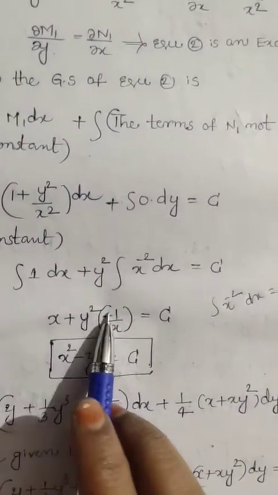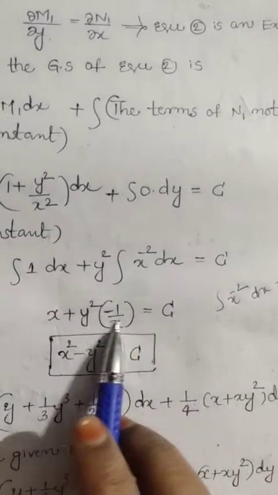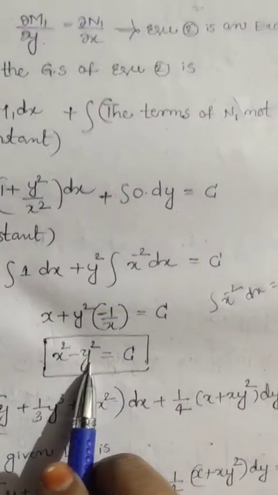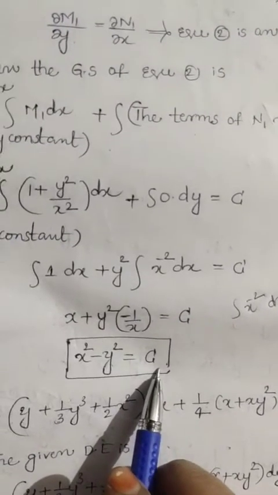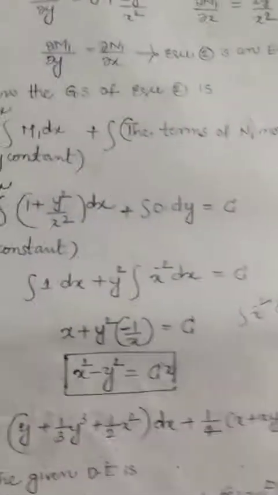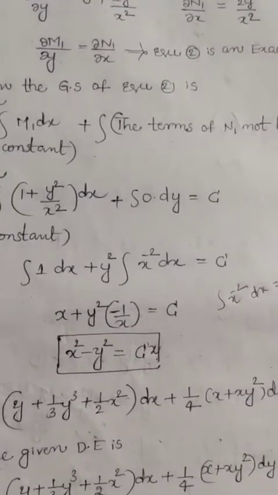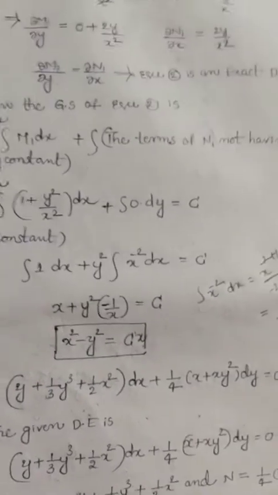So x minus y square by x equals c. Then by cross multiplication, x square minus y square equals cx. So x square minus y square equals c into x, which is the general solution of the given differential equation.